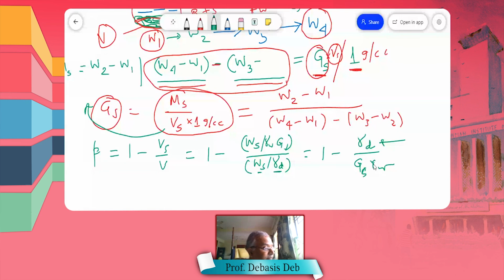Like for sand, this GS will be about 2.65. If I give dolomite, it is 2.8.